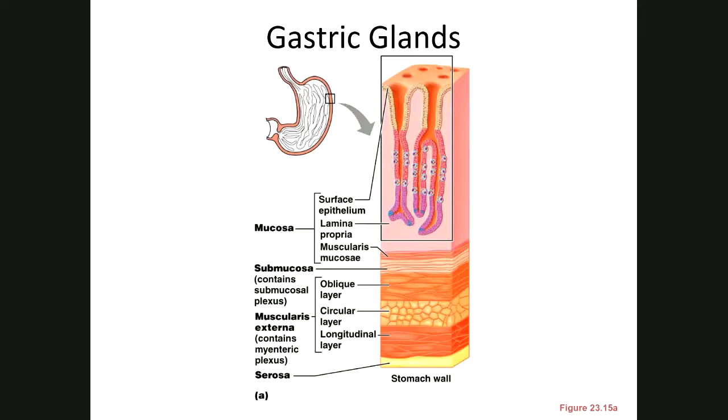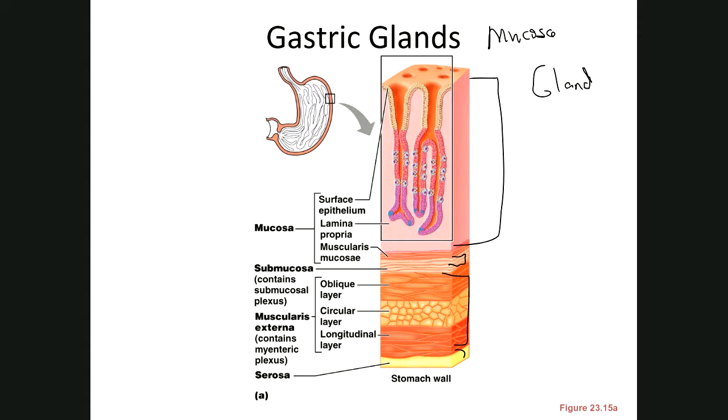If you look at the mucosa, it's this part right here, remember? And there's our 3 layers of muscle. There's our serosa. There's our submucosa. We know those layers, but if we look at the mucosa, it has a lot of glands associated with it.